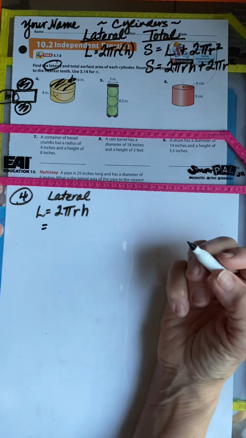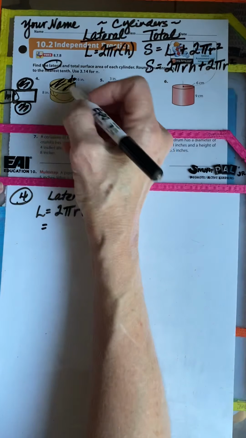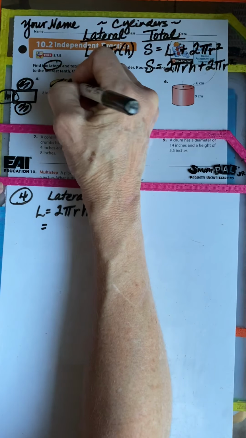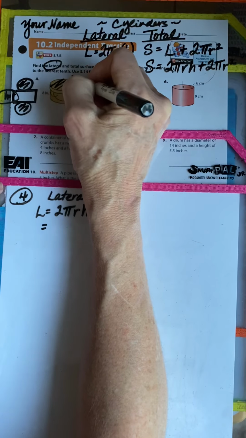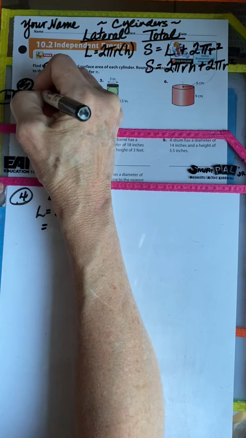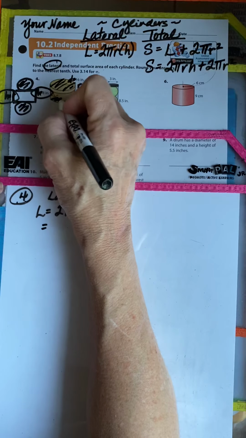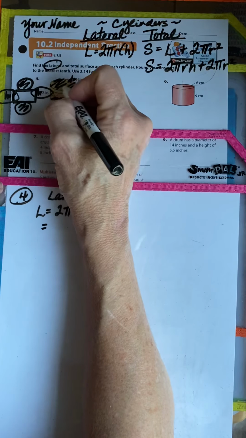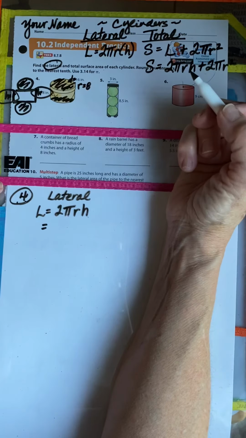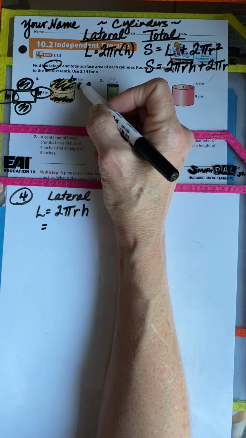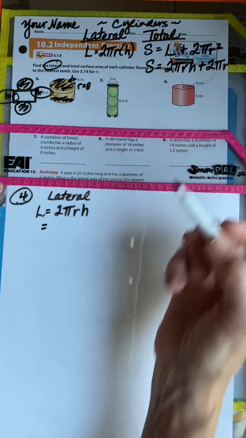If diameter, class, is 16, what is radius? Radius equals 8. And height equals 8. So we shade our bases and circle our height. That was a diameter of 16, so it's a radius of 8.